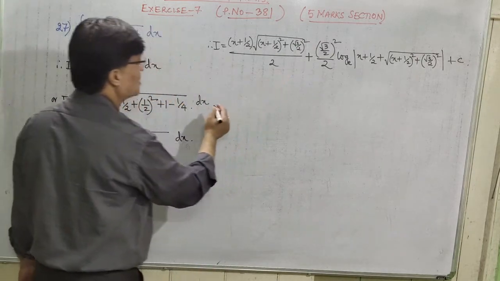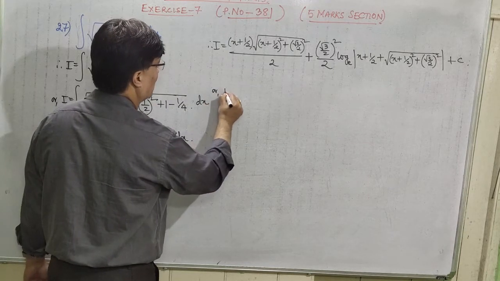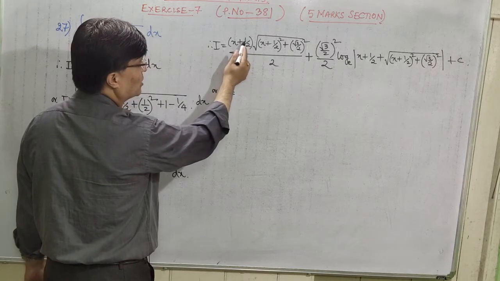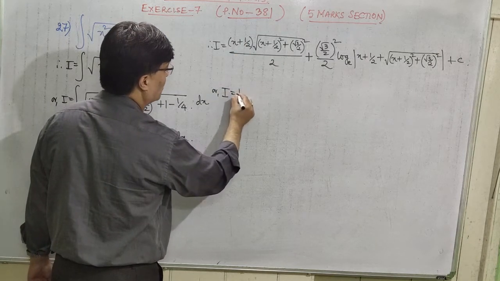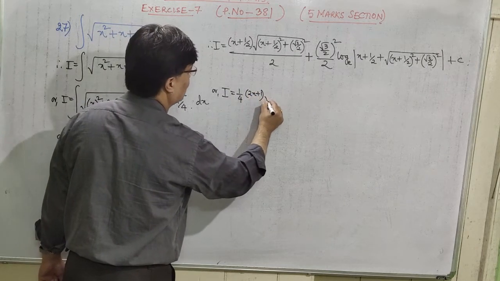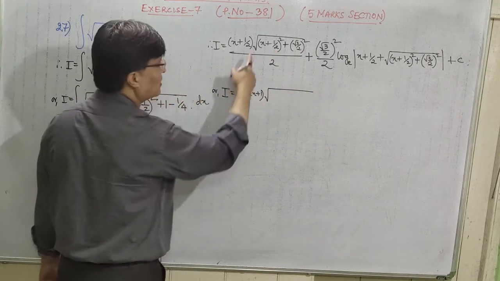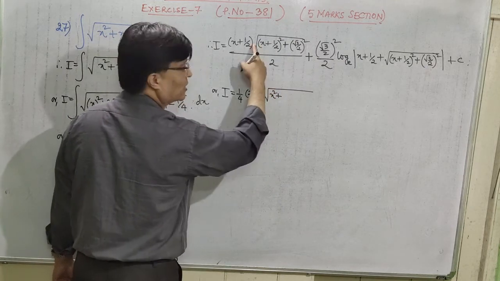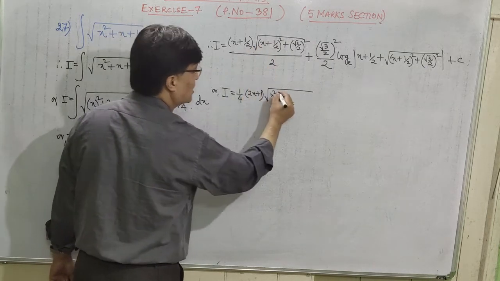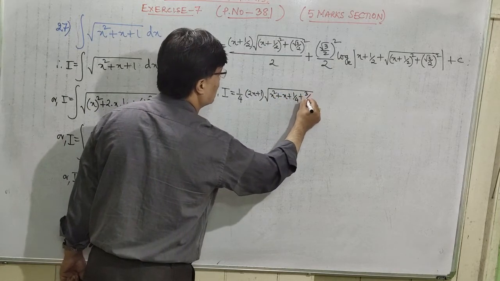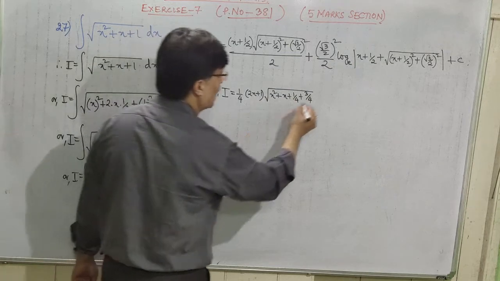So let us simplify these first two terms now. Or I is equal, what's the LCM here? 2, this is 2x plus 1, so this is 2 2s are 4, 1/4 within bracket 2x plus 1, then within square root, let us simplify it, a plus b whole square, a square is x square plus, what is twice ab? 2 into x into half, 2 gets cancelled, x plus 1/4 plus root 3/2 whole square is 3/4, okay?